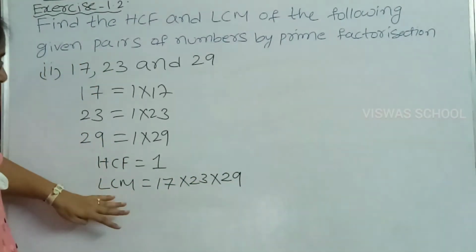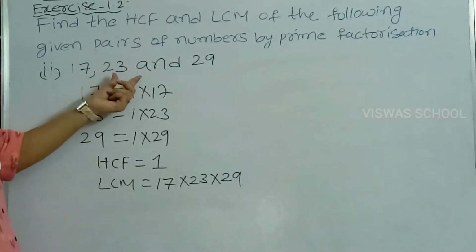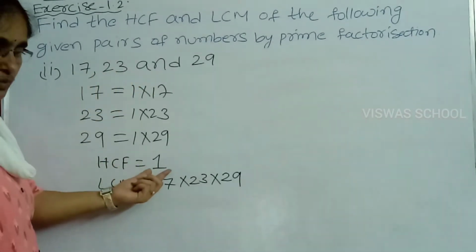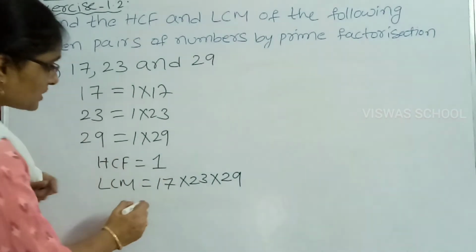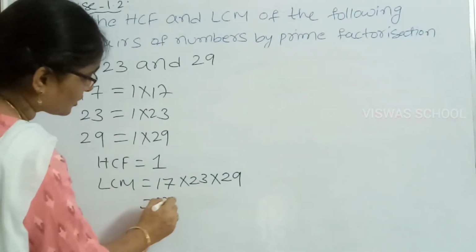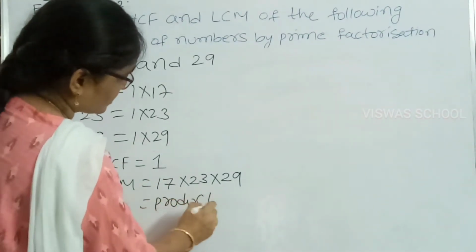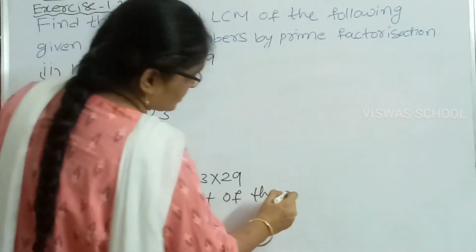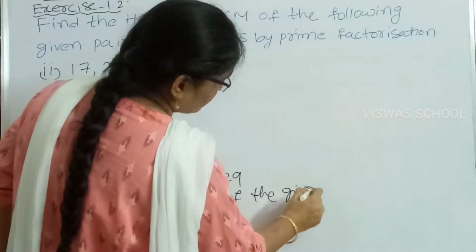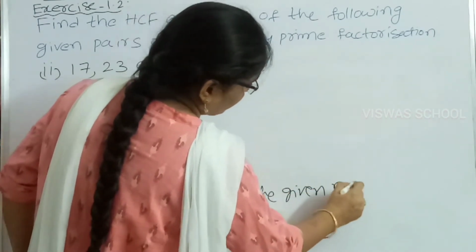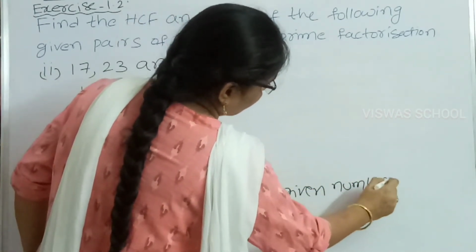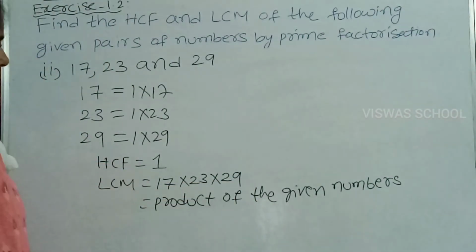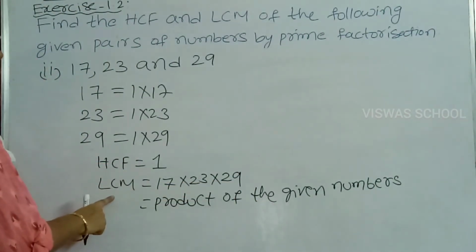That means if the given numbers are prime numbers, then HCF is equals to 1 and LCM is equals to the product of the given numbers. Product of the given numbers is the LCM.